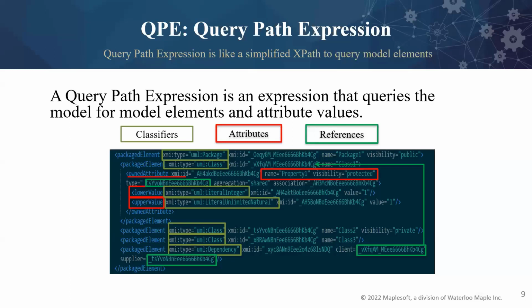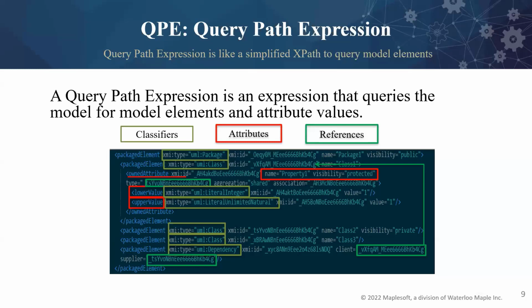For example, the physical function has a name, so that is an attribute. If a package has a visibility, that is an attribute. Or the physical component has a kind, let's say behavior or node, so this is an attribute. Anything that defines the classifier is an attribute.